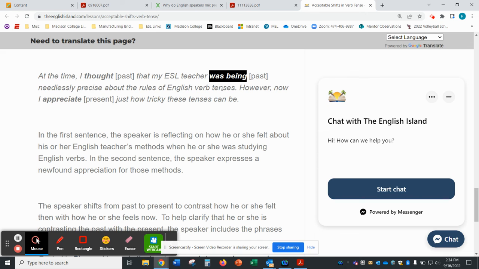However, now, because now it's true, I appreciate, in the simple present, how tricky the tenses can be. So we can see here there are many situations, especially as you become more and more advanced, why native English speakers will mix their tenses.